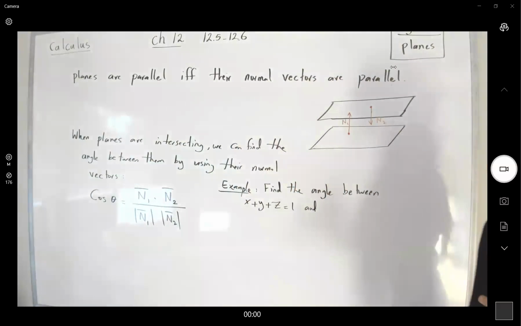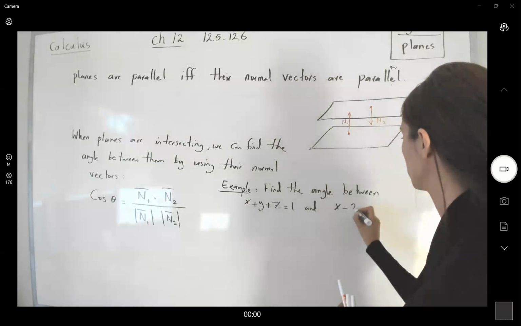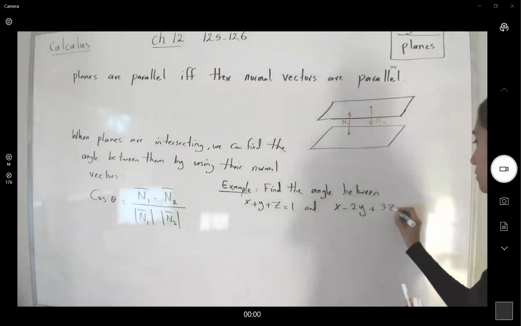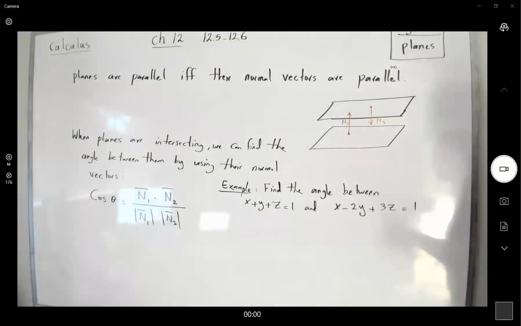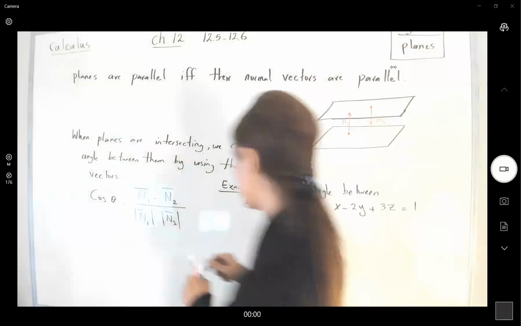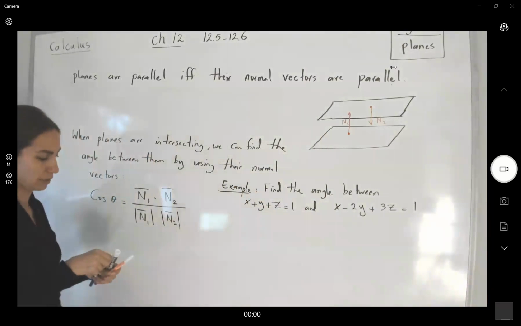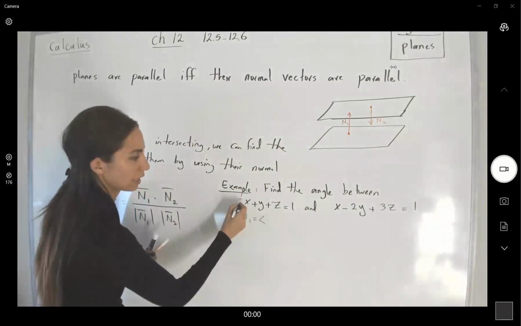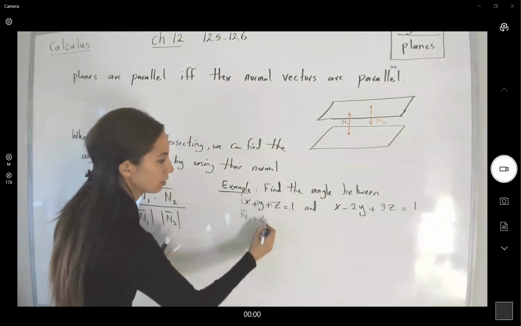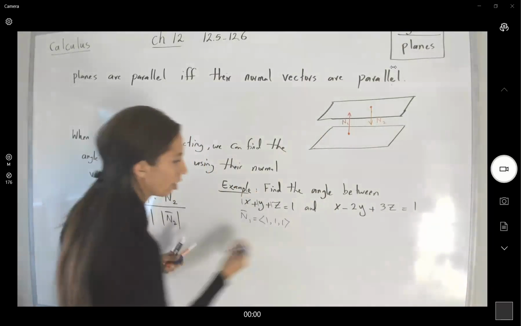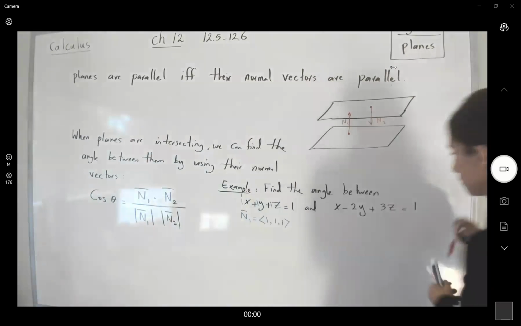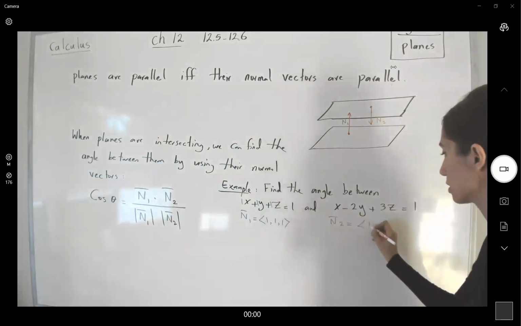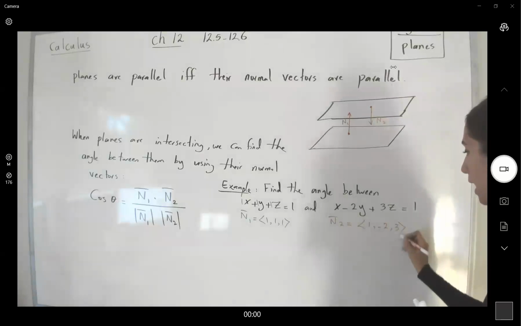And the second one is x minus 2y plus 3z equals 1. So the very first normal vector is n1 equals, we're looking at the coefficients here, 1, 1, 1, and n2, the second normal vector, is 1, -2, and 3.